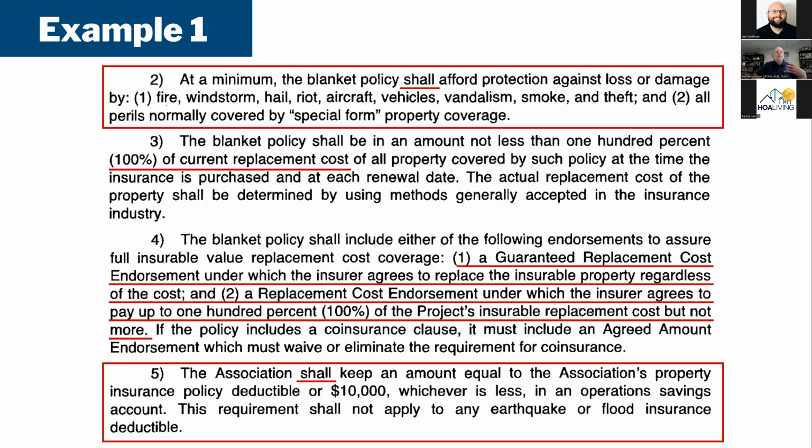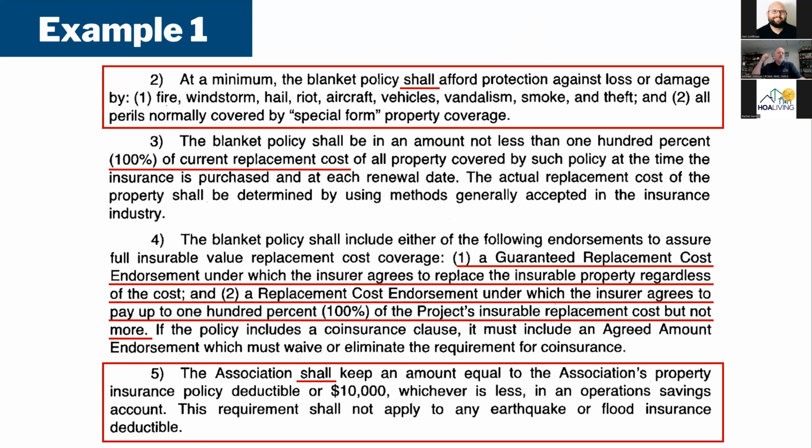At a minimum, the blanket policy shall afford protection against the following types of perils: fire, windstorm, hail, riot, aircraft, vehicles, vandalism, smoke, theft, and all perils normally covered by a special form property coverage, which is an insurance term. This document says you will cover 100% of current replacement cost, and you'll have a current replacement cost endorsement. Then look at the bottom there.